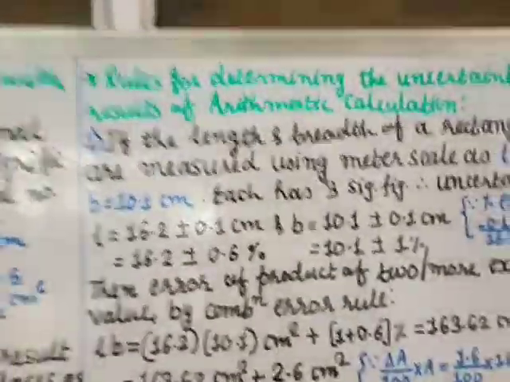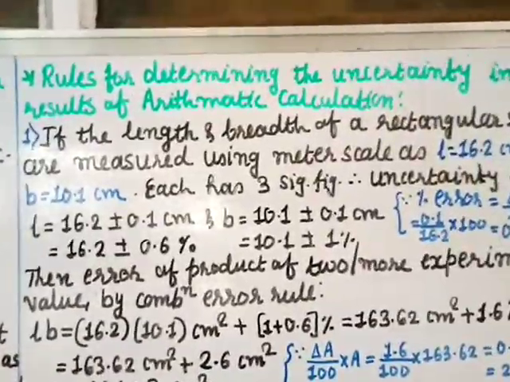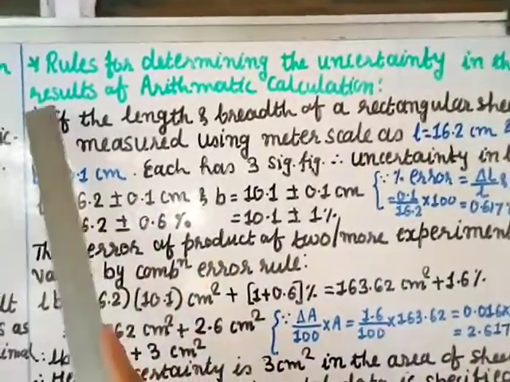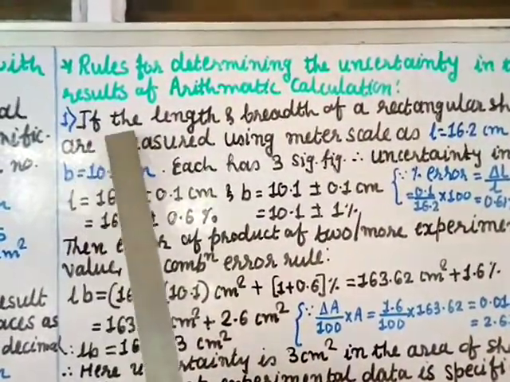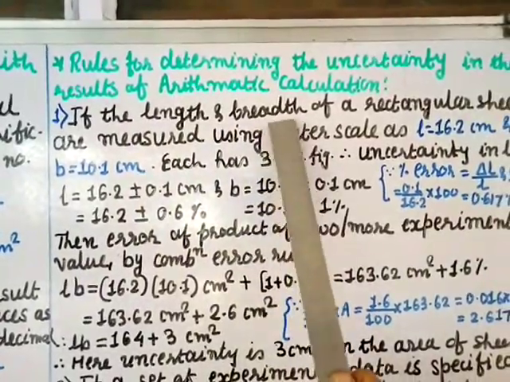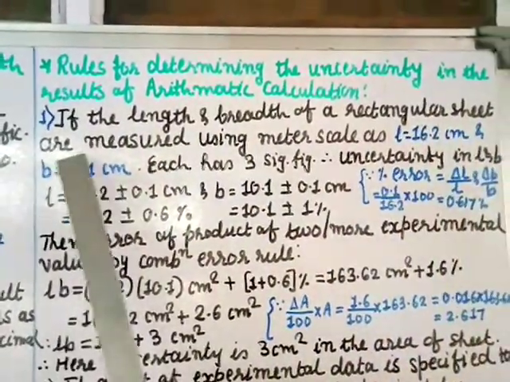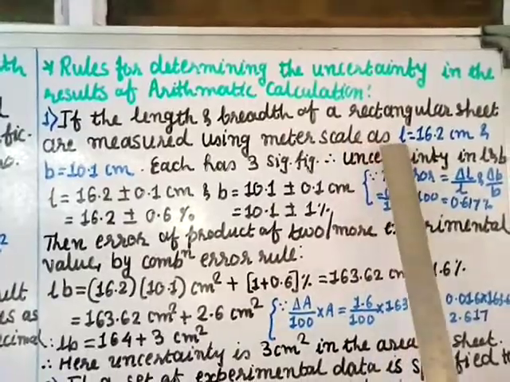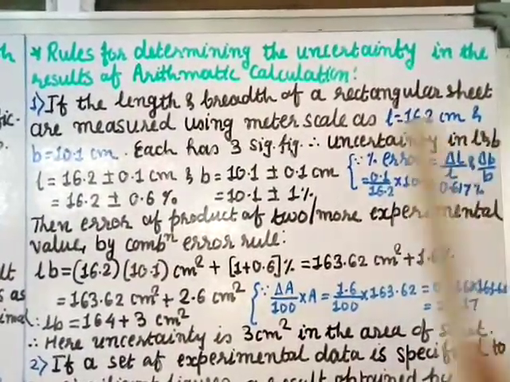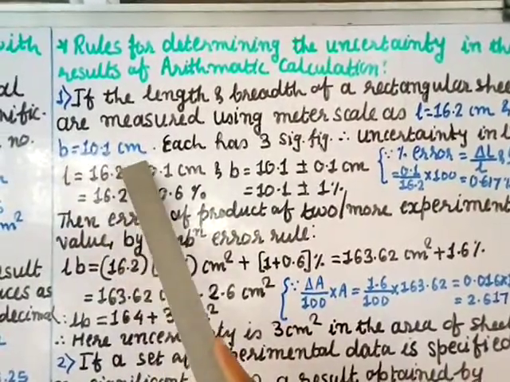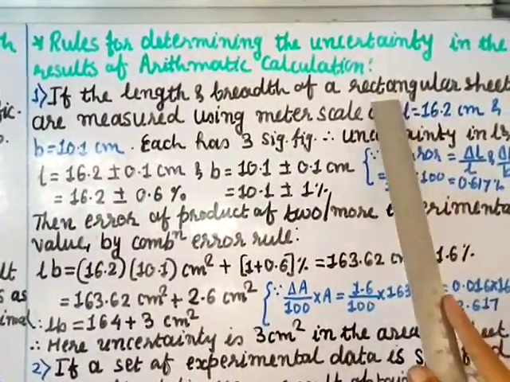Next we have got rules for determining the uncertainty in the result of arithmetic calculation. Number 1: if the length and breadth of a rectangular sheet are measured using a meter scale as, I have started with the example, L is equal to 16.2 centimeter and B is equal to 10.1 centimeter. So you are measuring a rectangular sheet.